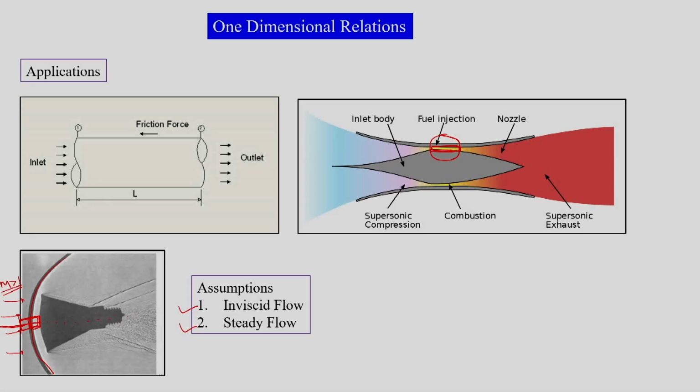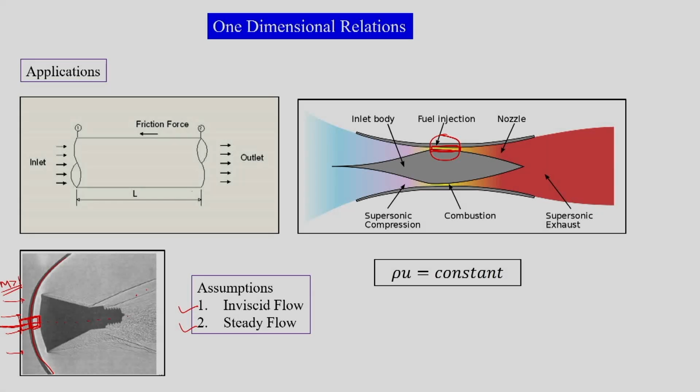In some cases we will also assume no frictional work, and in other cases we will incorporate friction as an additional term. But in general these are the assumptions involved in deriving one dimensional relations.